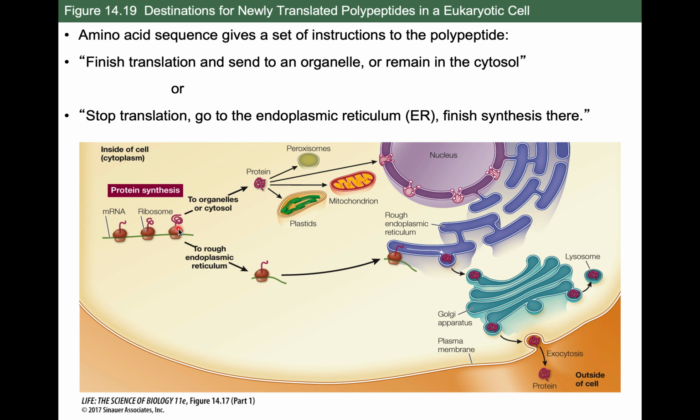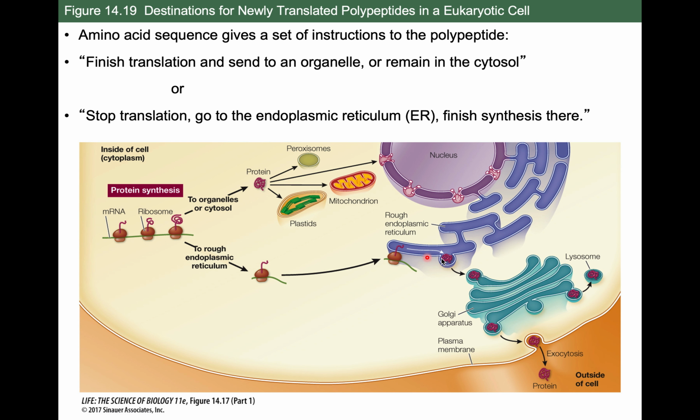But if a protein begins to be made on a cytoplasmic ribosome, and it possesses one of these signal sequences, that will actually trigger that ribosome to move off or be escorted off to the surface of the rough ER, where it will dock, and then it'll finish synthesizing that protein actually into the ER.